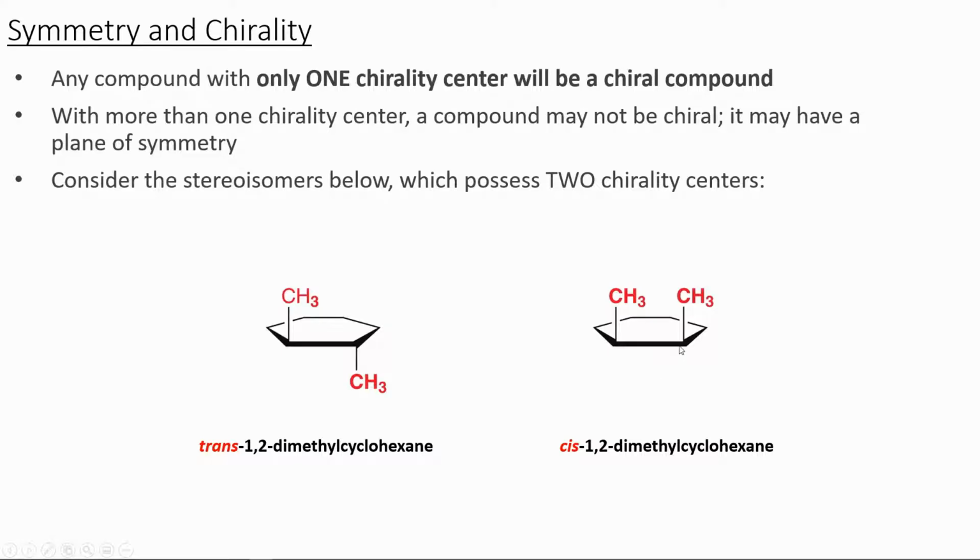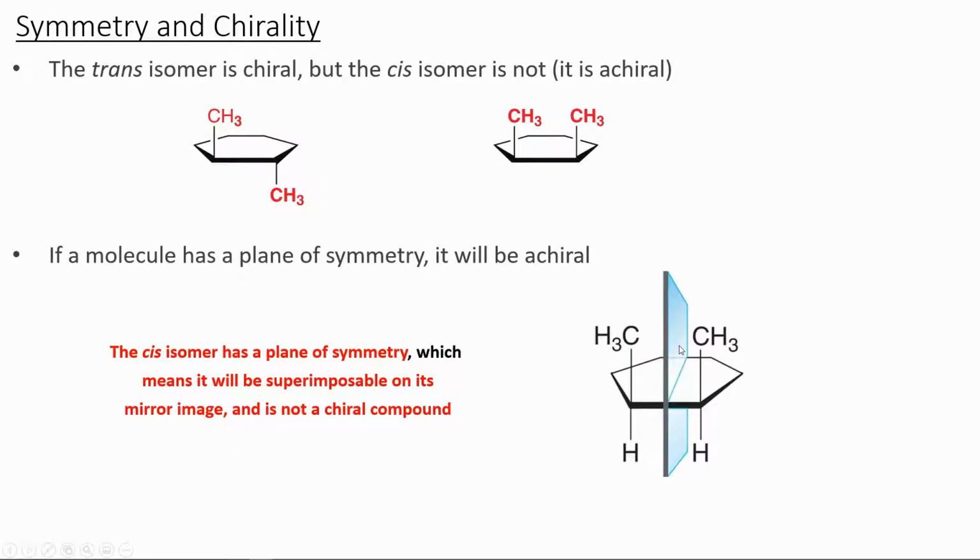The cis does have a plane of symmetry. The trans molecule is going to be chiral, and the cis isomer is not going to be chiral. If it has an internal plane of symmetry, like the cis does, then it is not chiral, because if we took the mirror image of this molecule, they would be superimposable with each other.